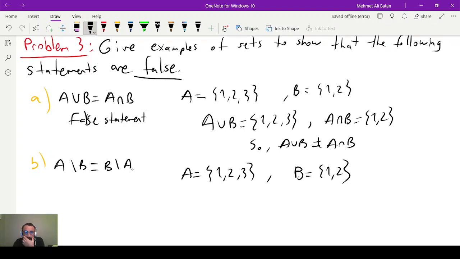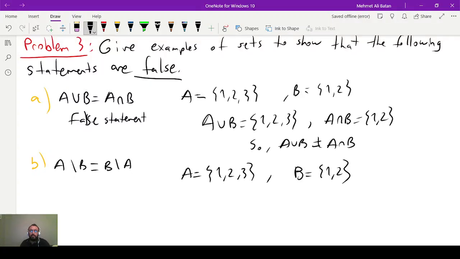The empty set difference A will be the empty set, but A set difference the empty set will be the set A. Clearly they are not equal, so you can immediately say that part B is false.